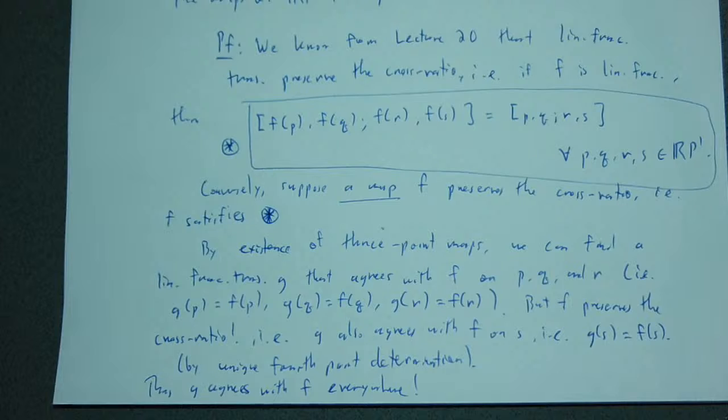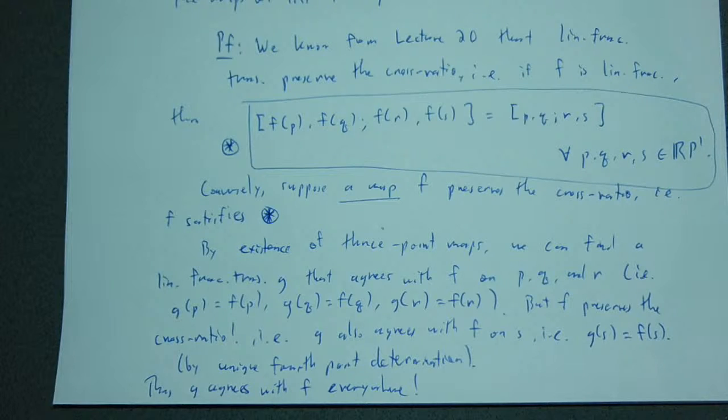So I started with the function f that preserved the cross ratio. I constructed a linear fractional map that agreed with f only on the first 3 points, but then that led us to say that it actually had to agree with f on all 4 points there. But f preserving the cross ratio means that G has to agree with f everywhere. So any point of RP1 you consider f mapping to, G would agree with it there as well. And so what does this mean?